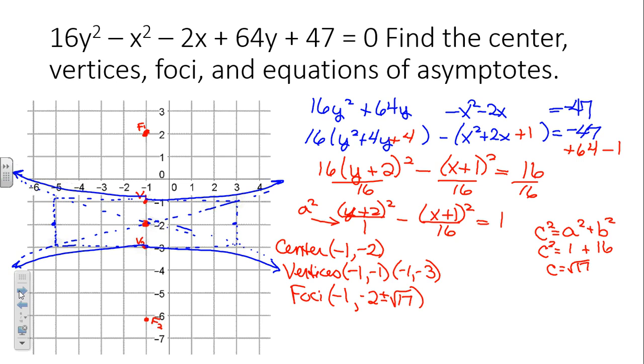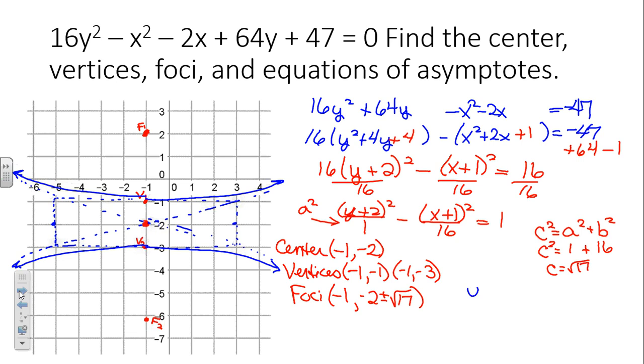And now we need to find the equation of those lines. So to find the equation of the lines, we're going to say how much are we rising and how much are we running. We went up 1 and over 4, right?